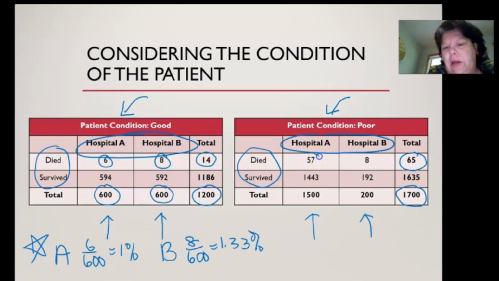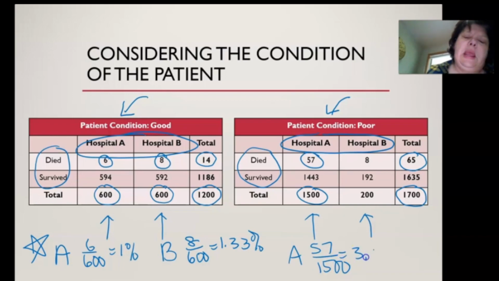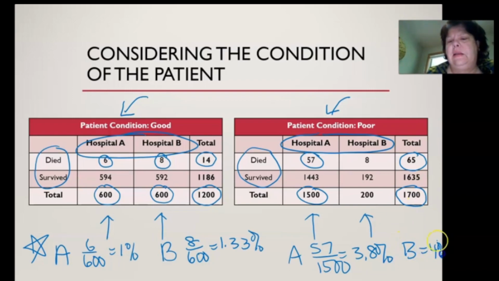Same thing happens over here. Poor condition patients. A has 57 deaths out of 1,500, which is 3.8%. Of course, it's going to be higher because you have poor condition patients. And B turns out to be 4%, taking 8 over 200. So again, A is doing better.